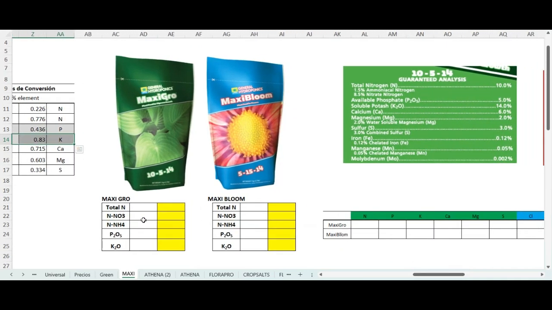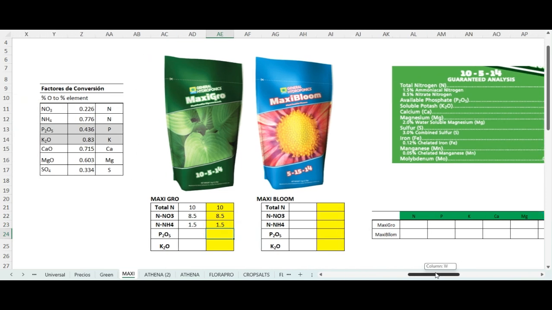I would just type in total nitrogen. This stays the same. Then we go for the nitrate nitrogen, which is 8.5. This stays the same. Then you go for the ammoniacal nitrogen, which is 1.5, stays the same. And then you go for the P2O5.